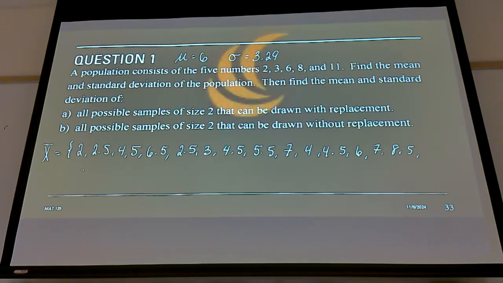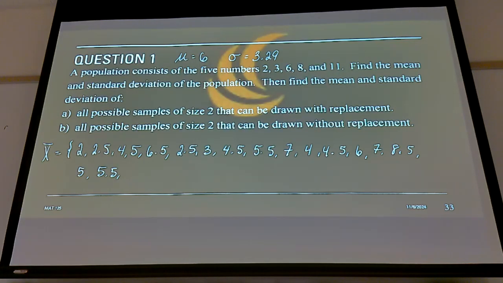The first five are for 2. Five, 9.5, and 10.